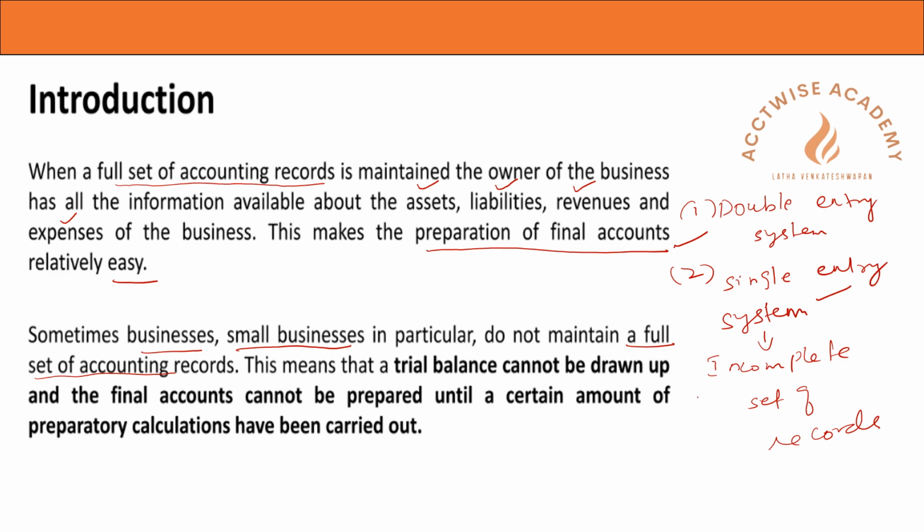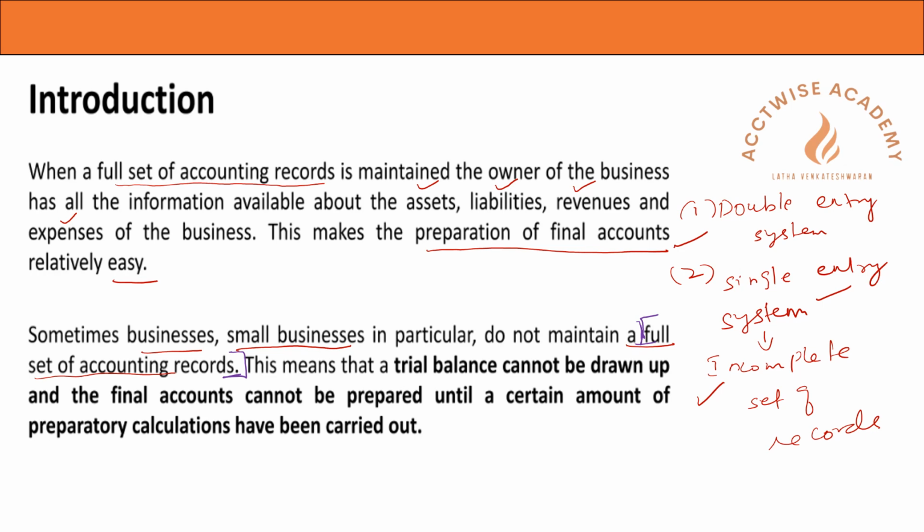So accounting from incomplete records is a process of preparing financial statements when a business does not have a complete and systematic set of accounting records.